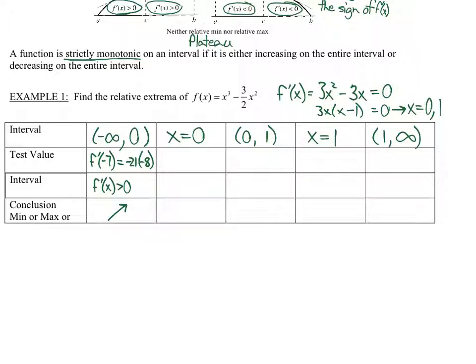All right, so now for the interval from 0 to 1, let's use half. So f prime of a half, that's going to be 3/2 times 1/2 minus 1. 0.75 negative. Okay, it's going to be negative.